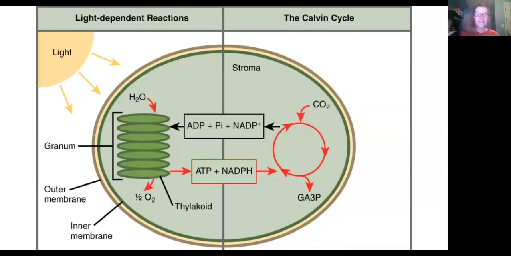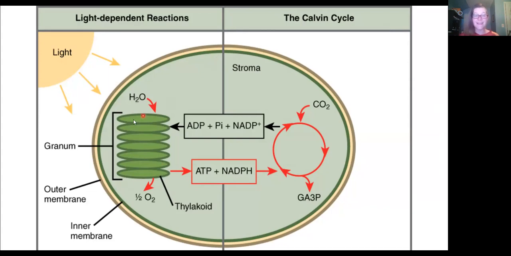All right, so let's see how this works. This is the whole of the basic processes of photosynthesis. In respiration, there were 4 individual processes. In photosynthesis, there's really only 2. We've got the light-dependent reactions and the light-independent reactions.